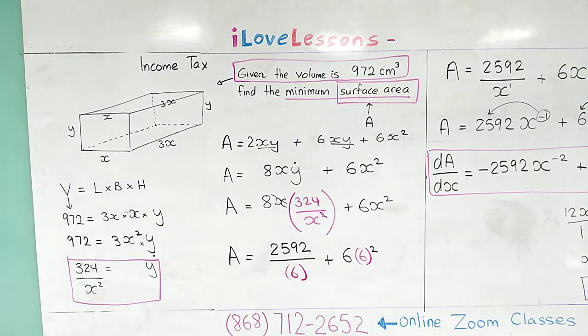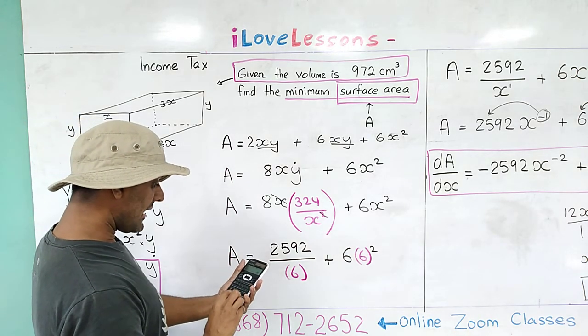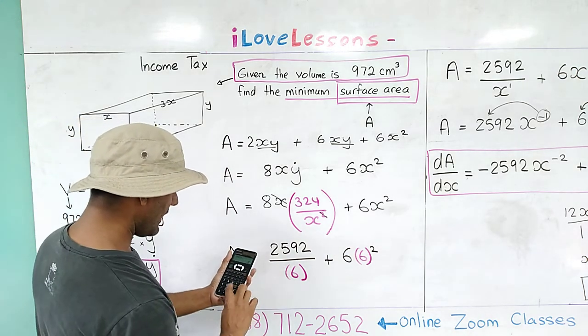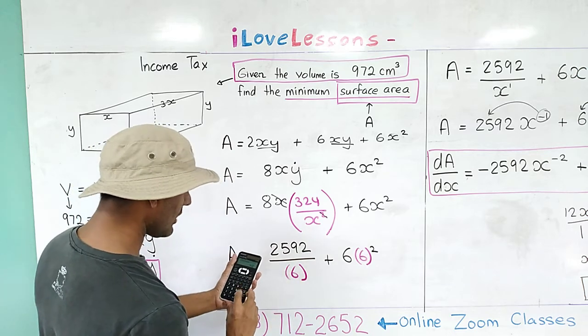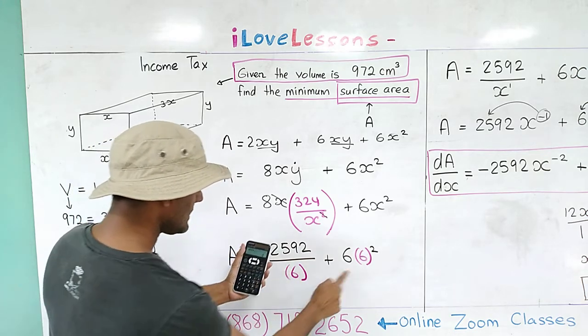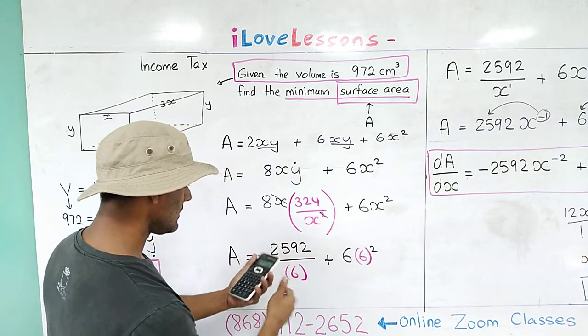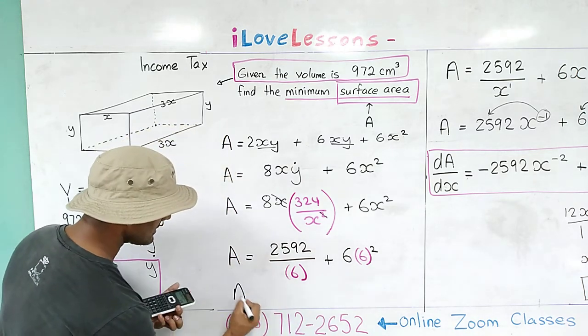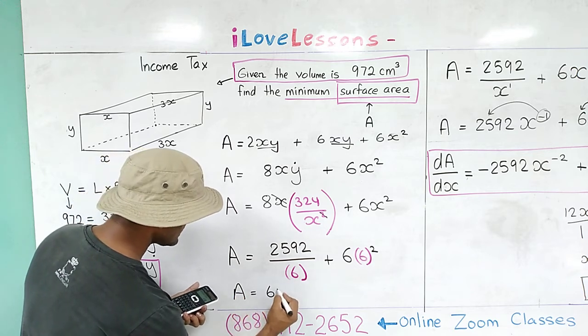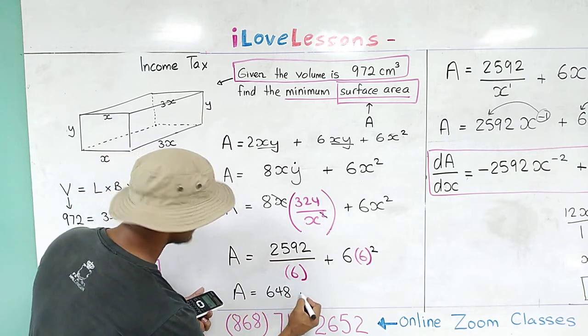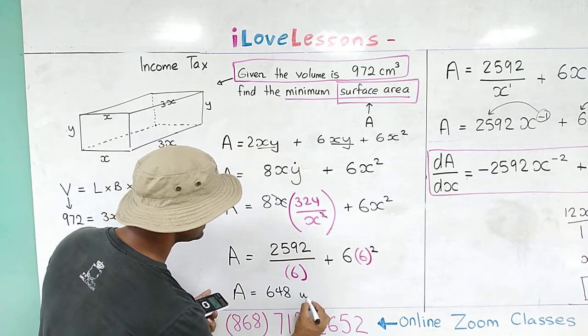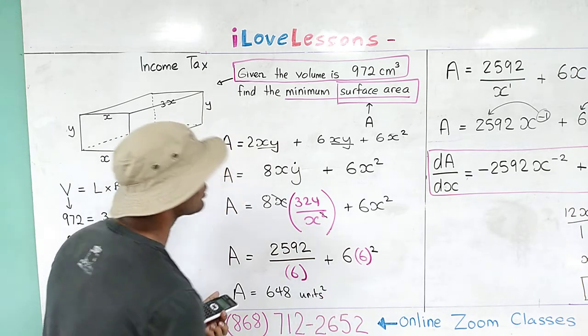Let me get my calculator. Alright, let's work it out. 2592 divided by 6. I press equal. Plus 6 multiplied by 6 squared. And I'm getting the area to be 648. And it's an area, so it should be units squared.